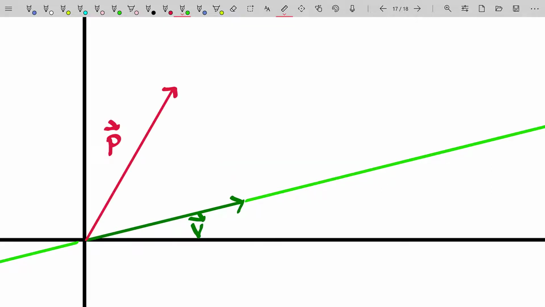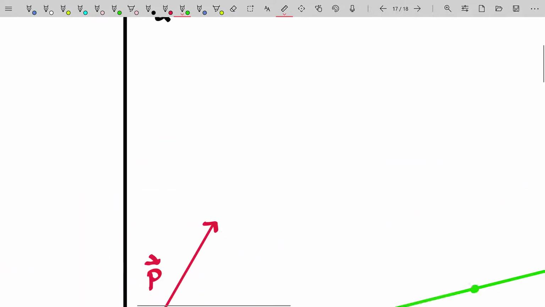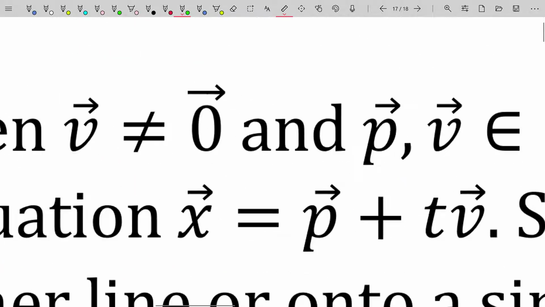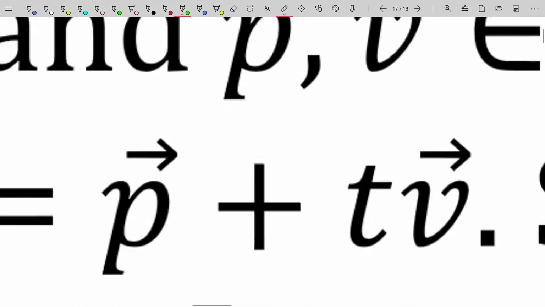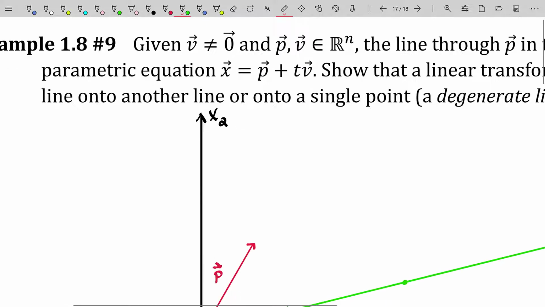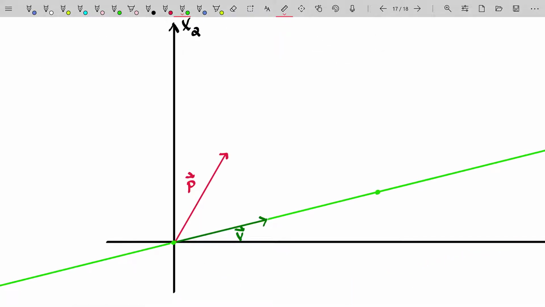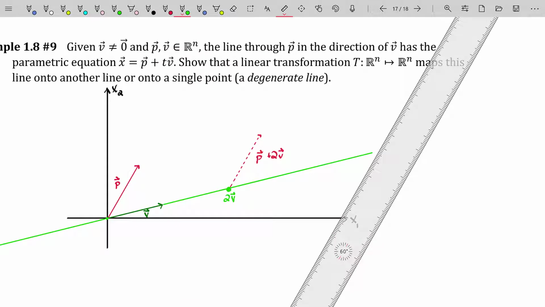For example, if you went from the origin all the way out to about here, that's twice v. That's 2 times the vector v, and so on and so forth. Now, adding p to that, because if you look at this x vector, that is p plus that.